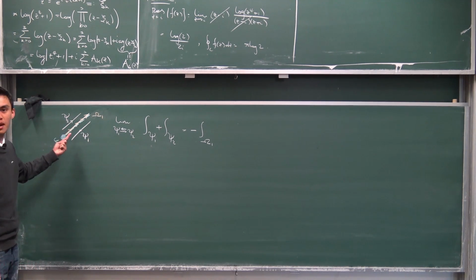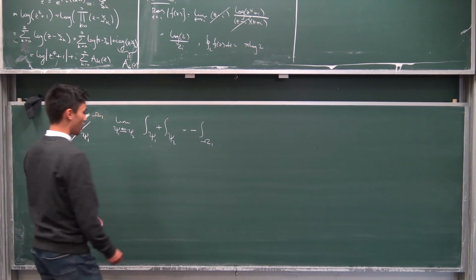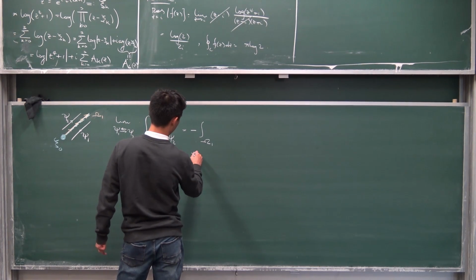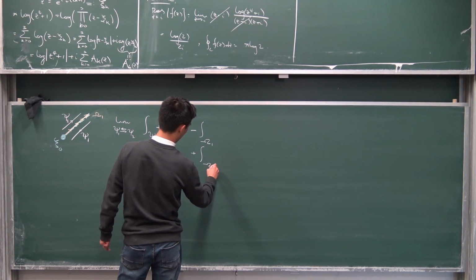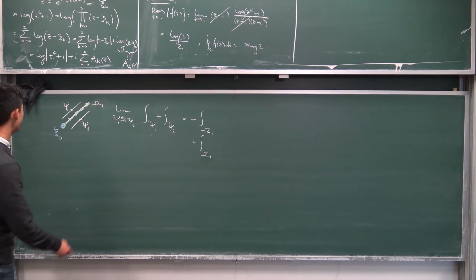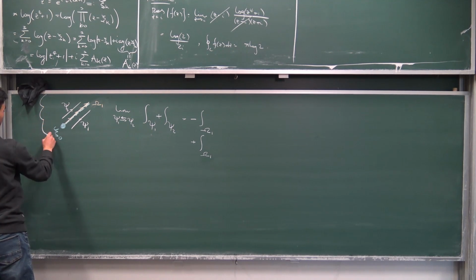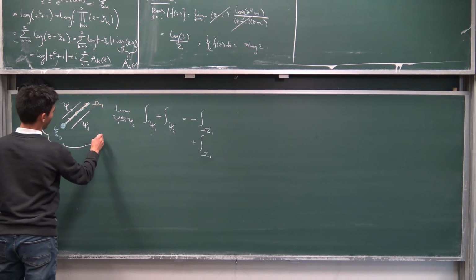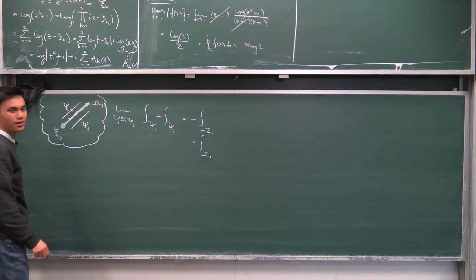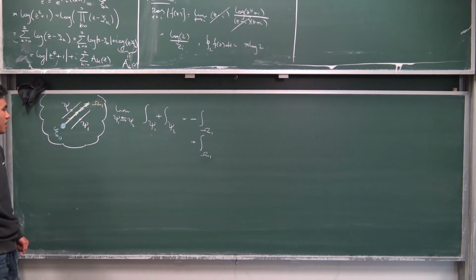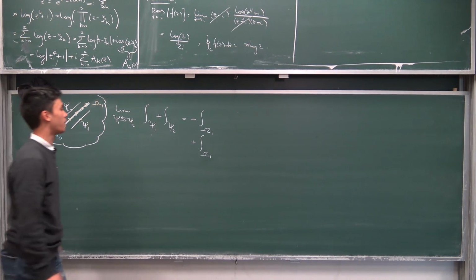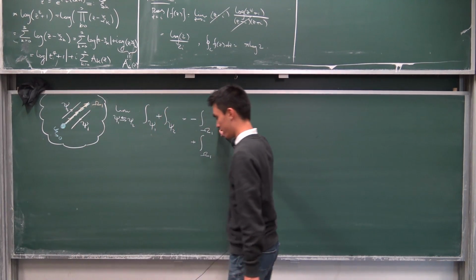Well, it basically becomes omega 1. It's oriented in the correct direction, so we have a plus integral over omega 1 here. Let's put a little cloud around this because I like those Friedrich Schuller clouds that he always draws in his lectures.